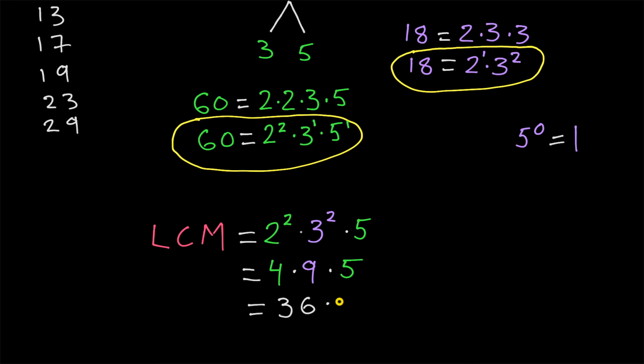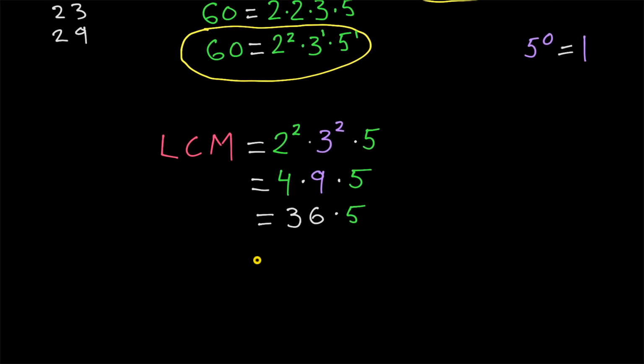Times this 5. And so your least common multiple is equal to 36 times 5. 36 times 5 is equal to 180.